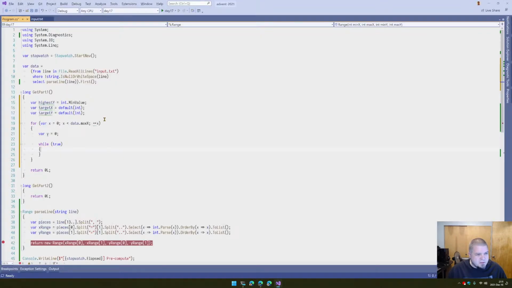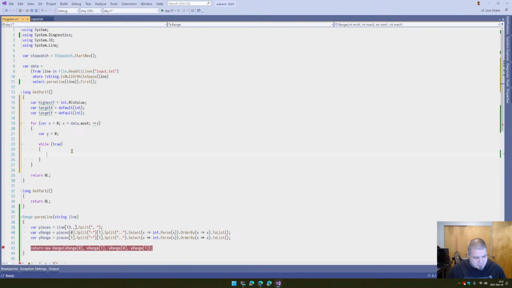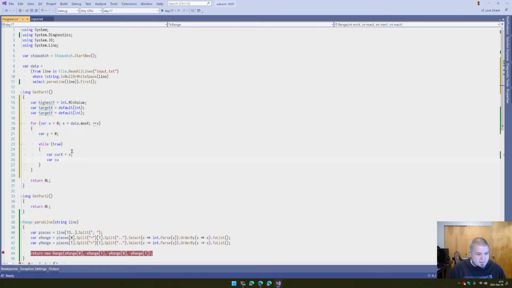So each position, we need to know current x is x, and then current y is y. Or we call these start x and start y. That'd be a little bit better names, right?